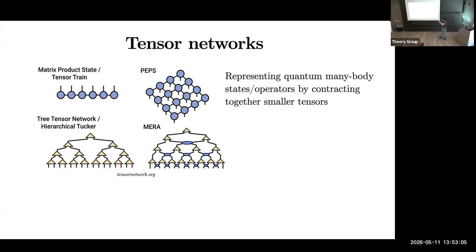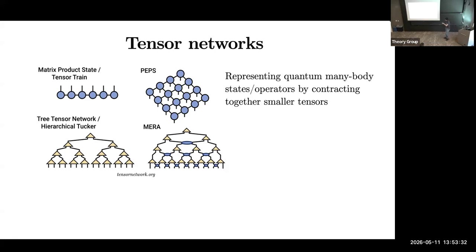So, for example, a thing with one leg pointing out is a vector, two of them is a matrix, and so forth. You can glue these together by tensor contraction, and you can build quantum many-body states and quantum many-body operators using this. And so it is a very nice ansatz for us to build these operators that we would like to study.